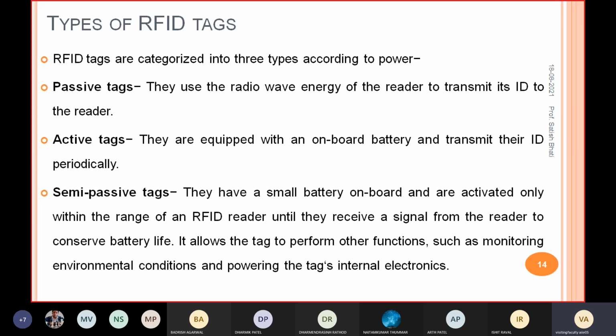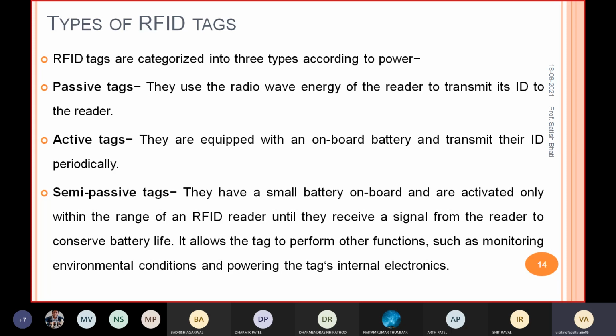So that way it will save the power, and it allows the tag to perform like the onboard battery, right? It will use that battery to perform some functionality, like to monitor the environment condition or provide the power to the tag's internal electronics, right?